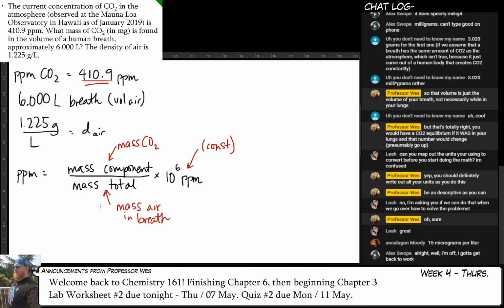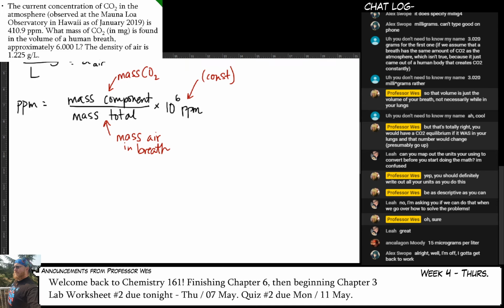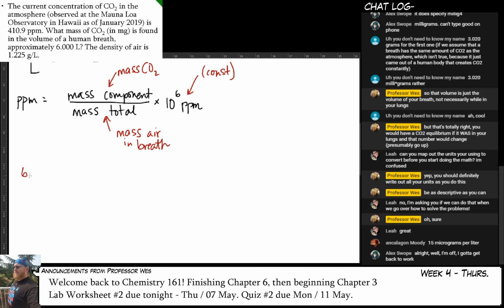So first of all, let's try and figure out what the mass of the total air is. I would do that by taking the volume of the air that I have and turning that into a mass, and I have the density of air right there in the problem, 1.225 grams of air per liter.